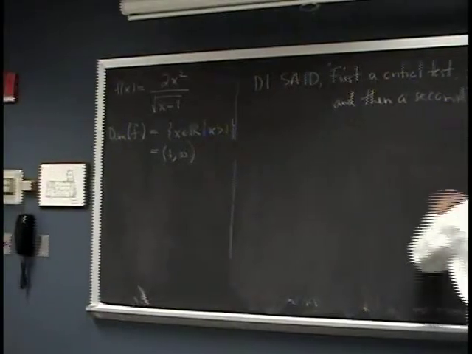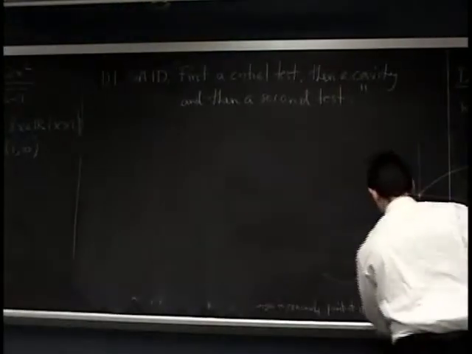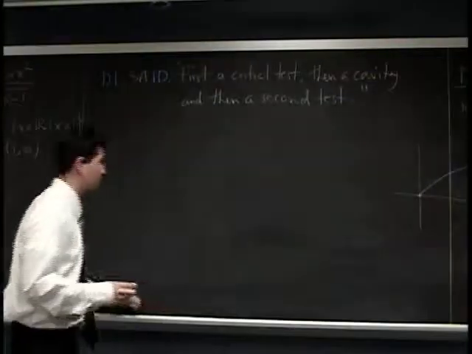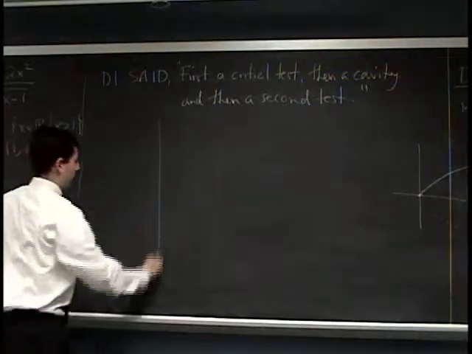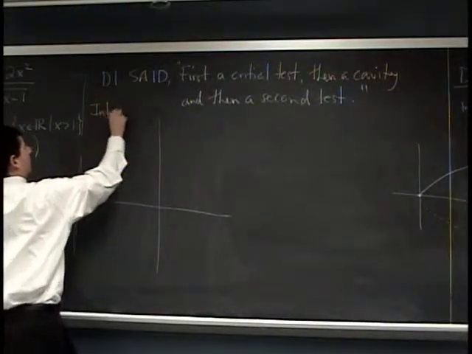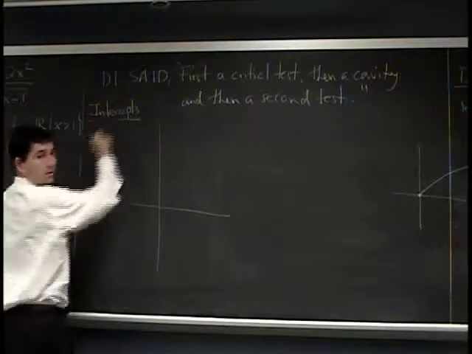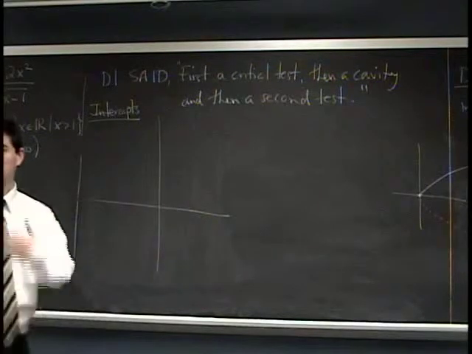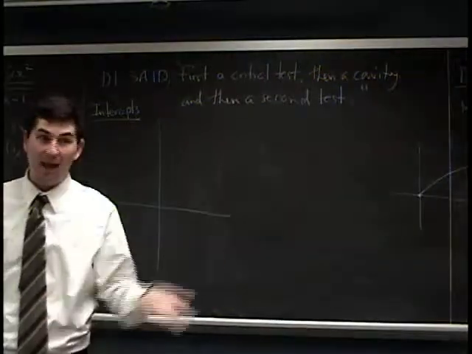The second one is the intercepts. This is just where the graph hits either the x-axis or the y-axis. What is the x-intercept? It's where the graph hits the x-axis.